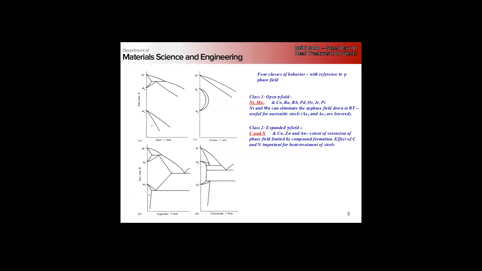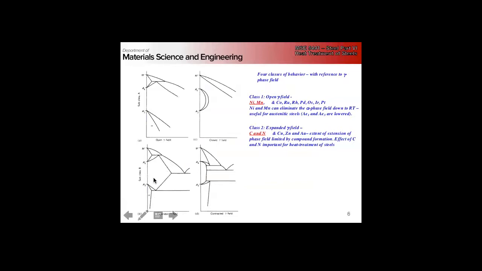Right? So class 2 is an expanded field, right? But it's not open all the way down to room temperature, right? And your interstitials tend to do that, right?